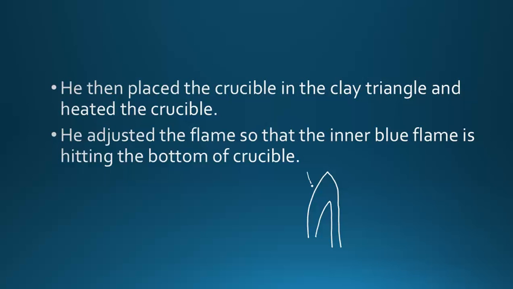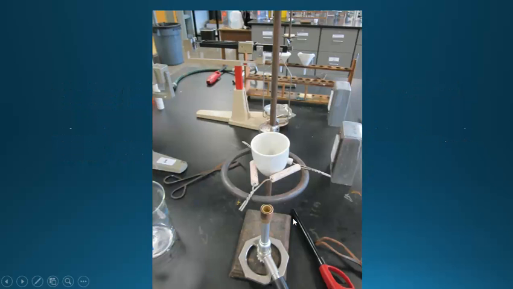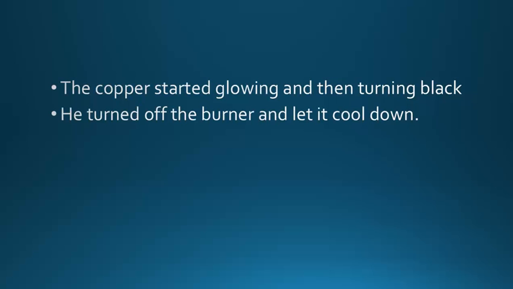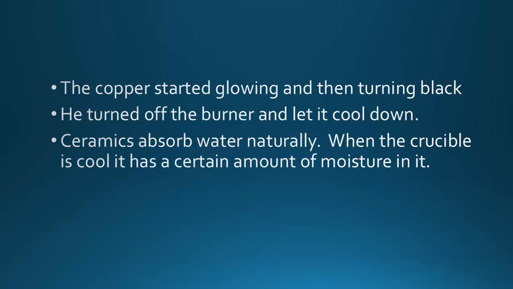The bottom of the crucible should be hit by the inner blue cone. That will make the crucible as hot as possible. The copper started glowing and then turning black. He turned off the burner and let it cool down.